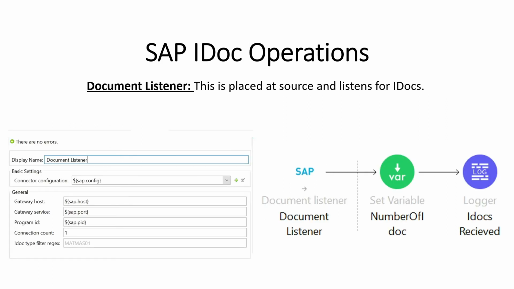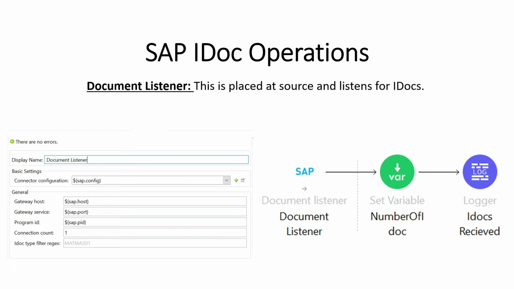Let's start with different IDOC operations. We have the document listener, which is placed at source and listens for IDOC. All listener connectors placed at source have the gateway host, gateway port, and program ID to be set to facilitate gateway registration.